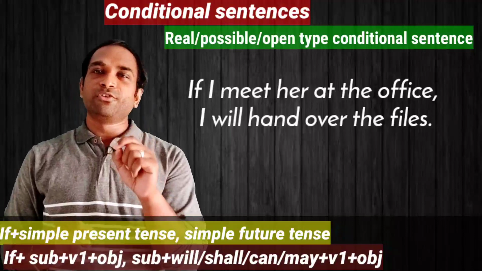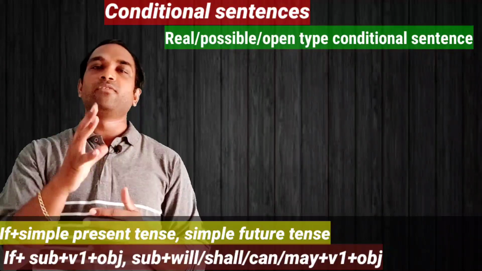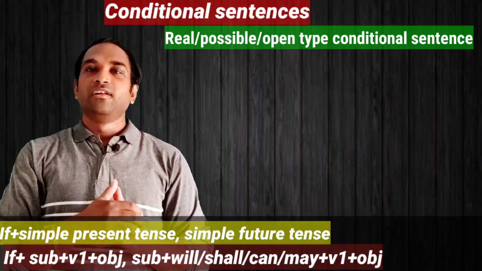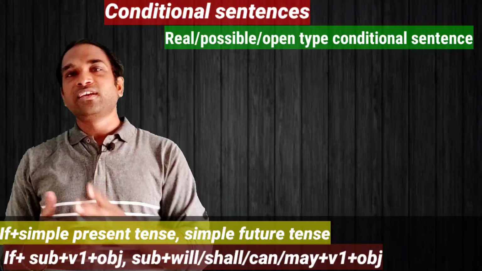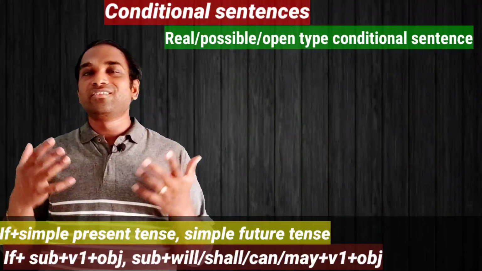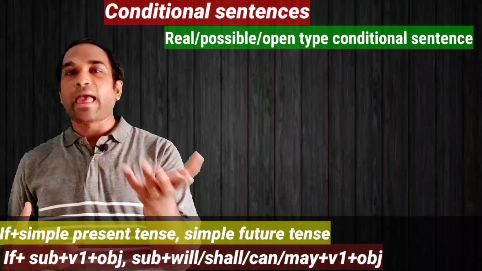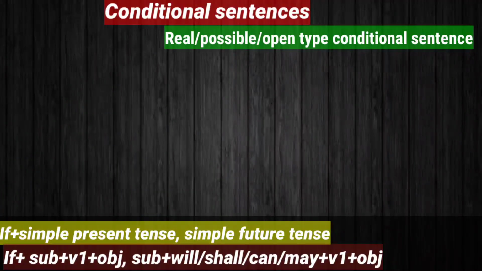An action in the future will only happen if a certain condition is fulfilled by that time. We don't know for sure whether the condition will actually be fulfilled or not, but the condition seems rather realistic. So we think it is likely to happen. And then we use this sentence.